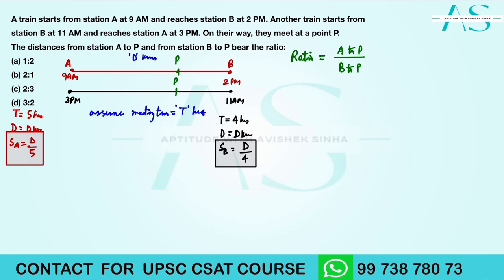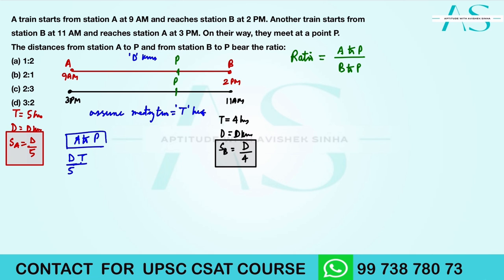So if they meet after T hours, this train number 1 would have covered the distance from A to the meeting point P. What distance would it have covered? So A to P distance would be speed into time period, which is T. So dt by 5 is the distance from A to P.